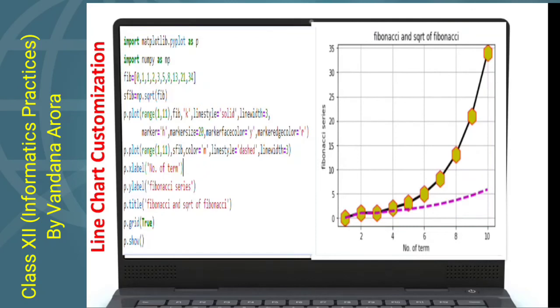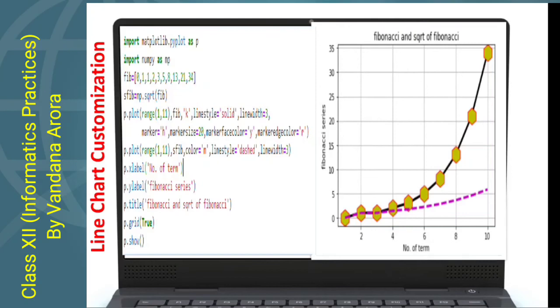In this slide you can see I have used the code of a program. Like the fib variable I have used here, that is the Fibonacci series, and sfib I have used np.sqrt of fib.